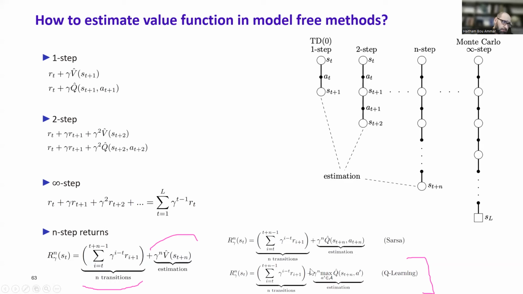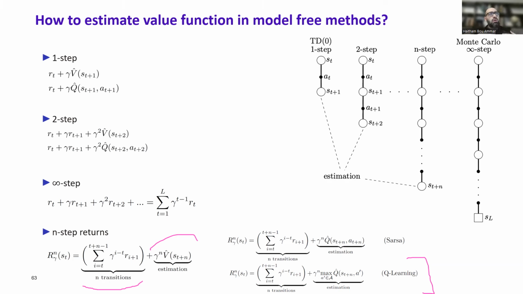That's why the equation will become something like this, where you take the n transitions, observe the rewards, and then estimate the future from that moment onwards, and that's s_{t+n}, a_{t+n}.